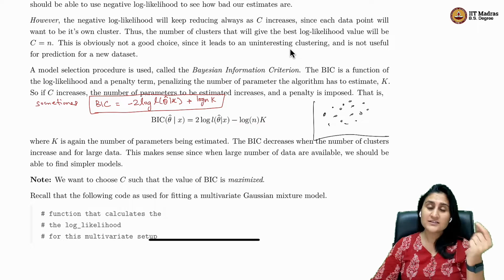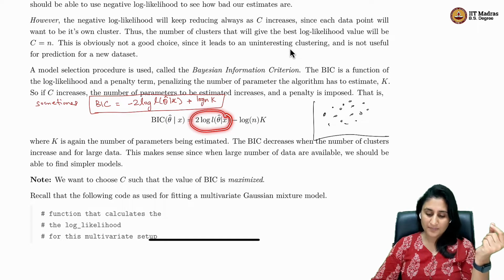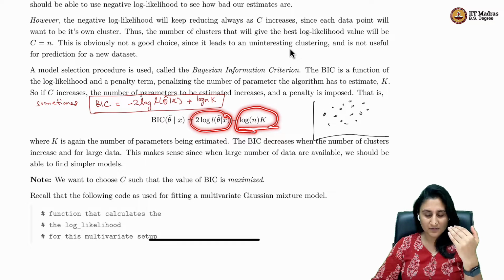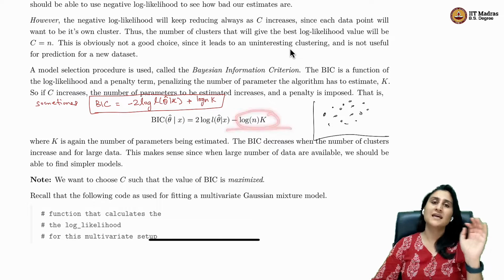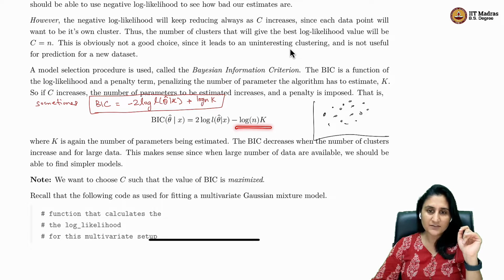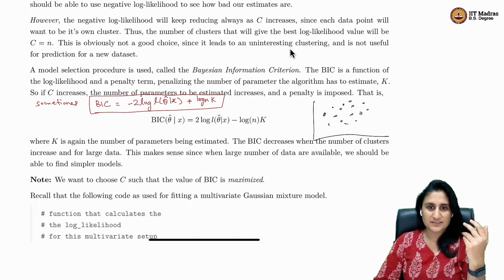So if I increase the number of clusters C, then the log likelihood part is going to increase, but then this penalty part also increases, which overall decreases the BIC. Why does this part increase? This part increases because as C increases, the number of parameters K increases as well.